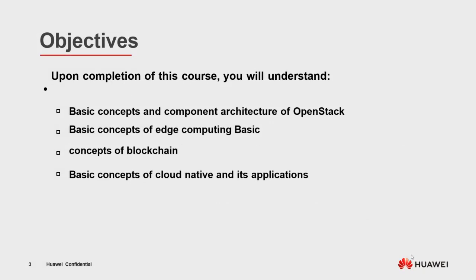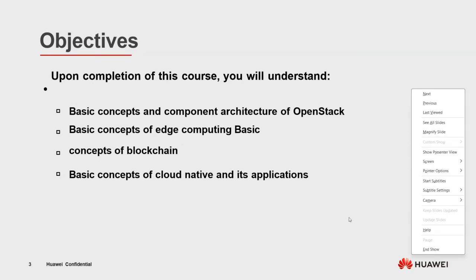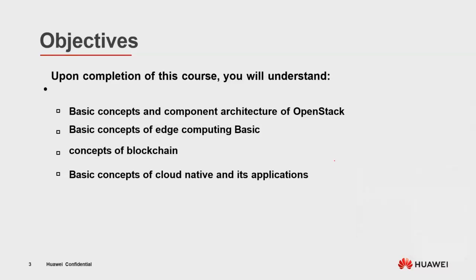So let's look at the basic concepts. The basic concepts and components, and the architecture of what we call OpenStack. I will explain what OpenStack is. Then the basic concept of edge computing. Basically, these are technologies coming out from the cloud service.